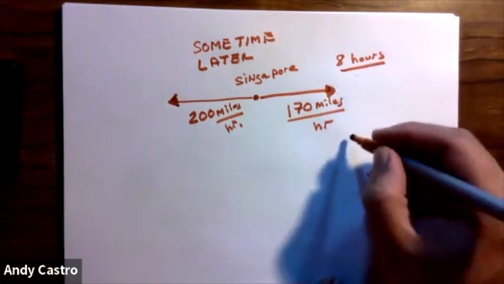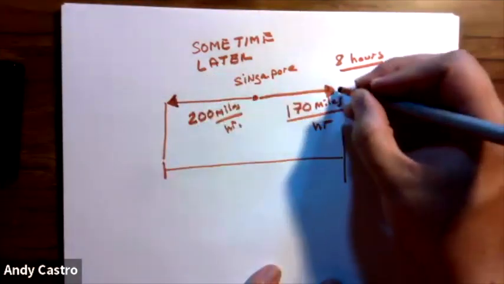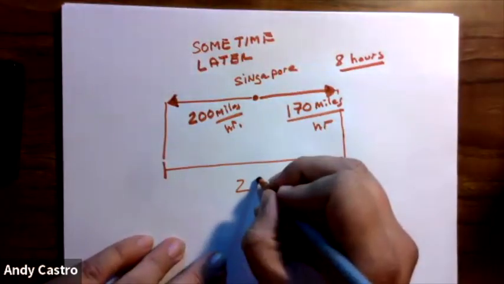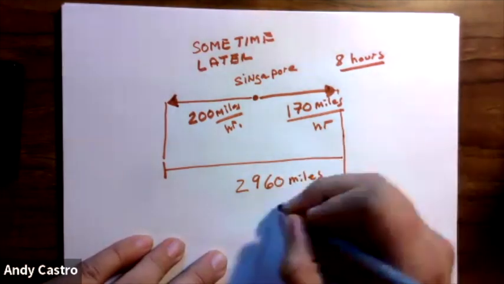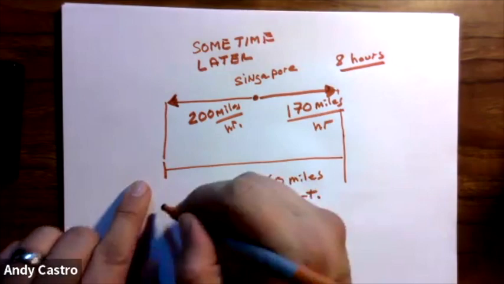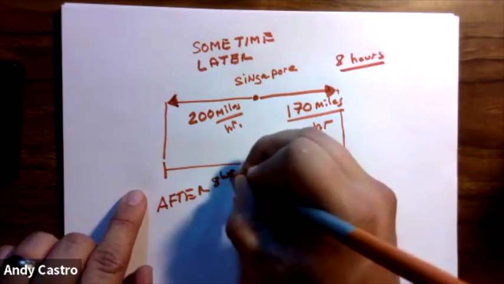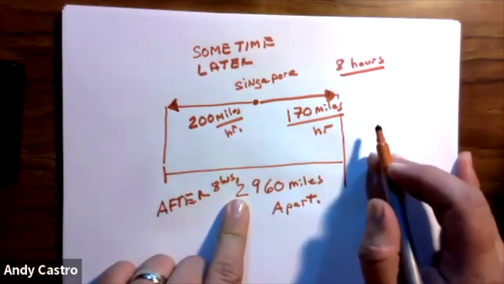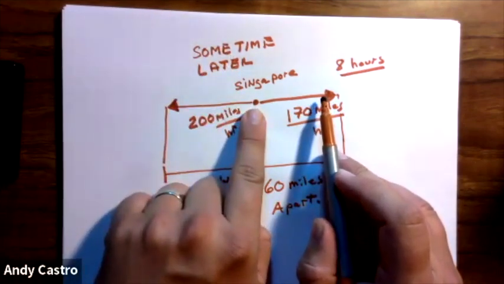After 8 hours, the two planes are 2,960 miles apart. This is after 8 hours. 8 hours from when? 8 hours from the time that the first jet took off. So this jet takes off sometime later, could be 5 minutes, could be 3 hours.